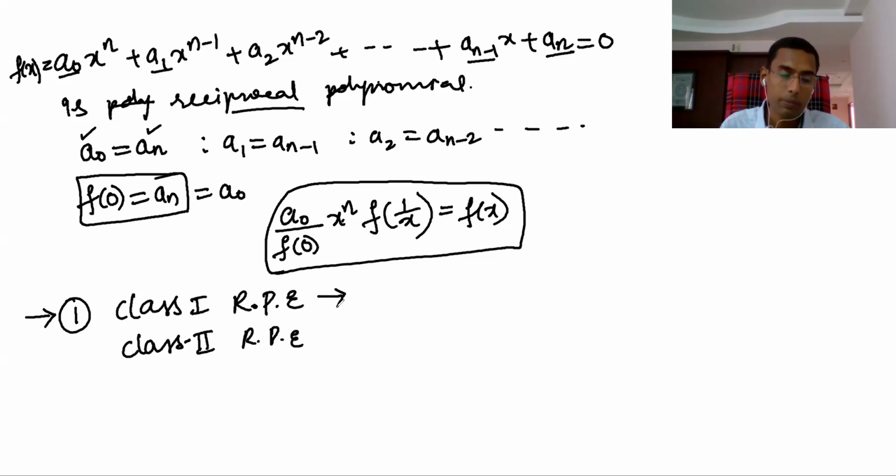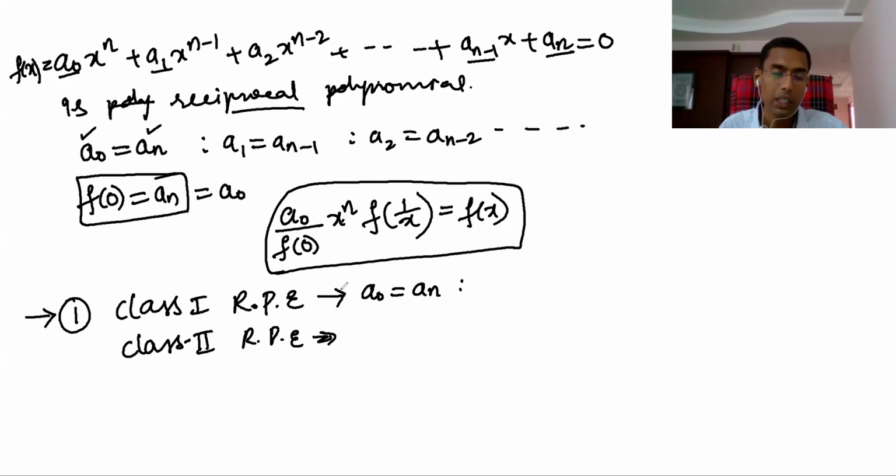Class 1 means simply all plus signs will be there, all positives. So that means a naught equal to an. That is class 1. And class 2 means alternate plus and minus signs will be there.